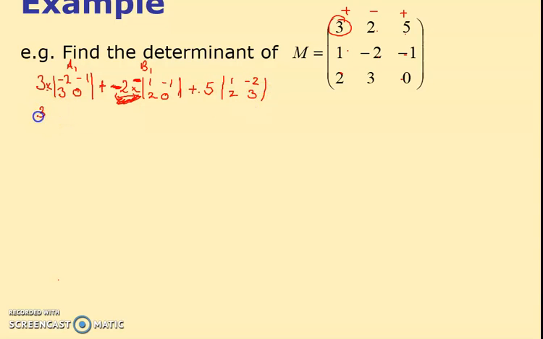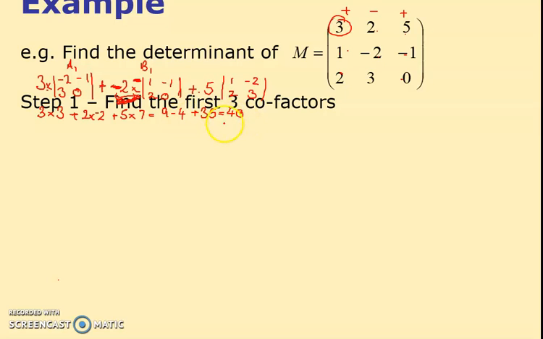So if I do this, it's 3 times by, that's 0, minus 3, minus 3, I think it's 3 times 3, plus, I've got here 2 times by, now this is 1 times 0 is 0, minus a minus 2 is plus 2, and it's minus as well, so I think it's 2 times minus 2, plus 5 times, and I reckon that is, if I do that, 7. So that gives me 9 minus 4 plus 35, which I actually reckon is 40.